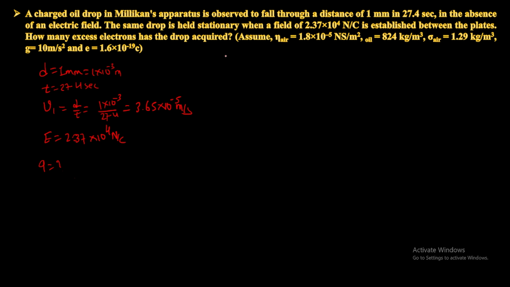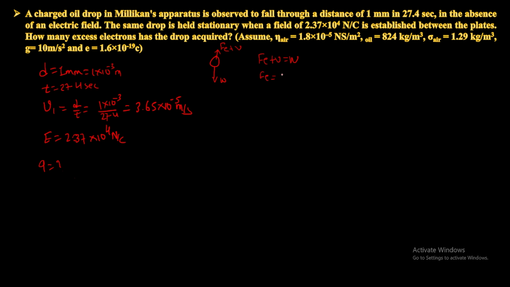In the motionless condition, that means in the stationary condition, when the oil drop is just motionless, there are two forces acting in the upward direction, that is electric force plus upthrust, and the downward force is only weight. So Fe plus upthrust equals weight.